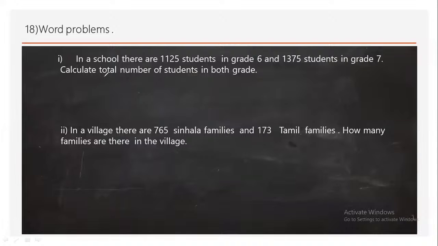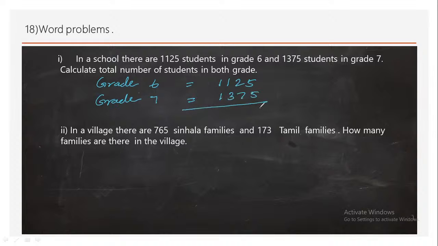Grade 6, 1,125. Grade 7, 1,375. 5 and 5, 10, 1 remaining. 2,500 total.